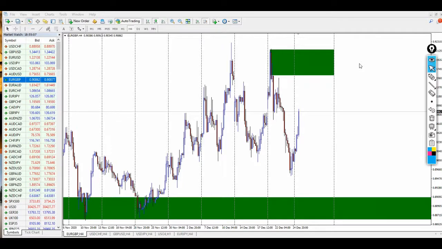Even if I draw it this way, it doesn't mean that it's a perfect zone. You can never draw it perfectly. As the market was dropping, there's this wick that came too close to it, so this can be a tested area of supply.